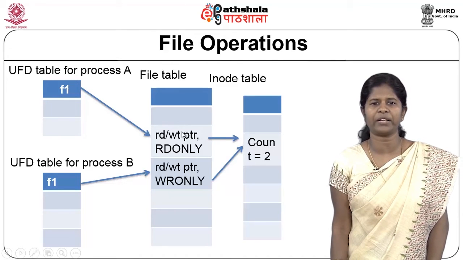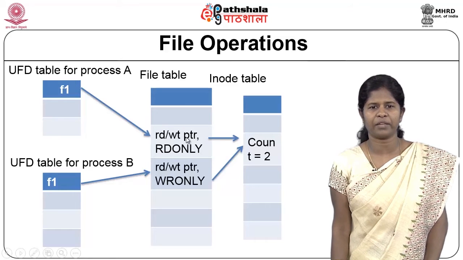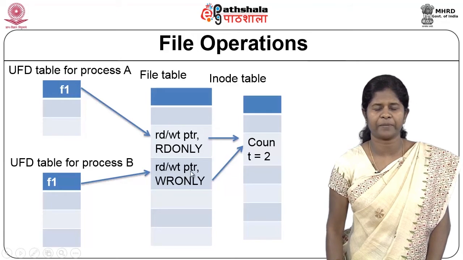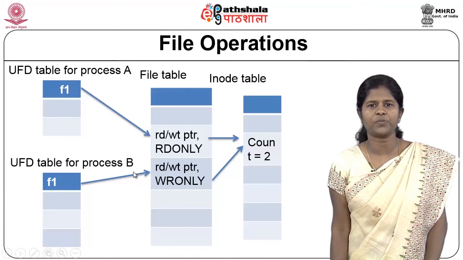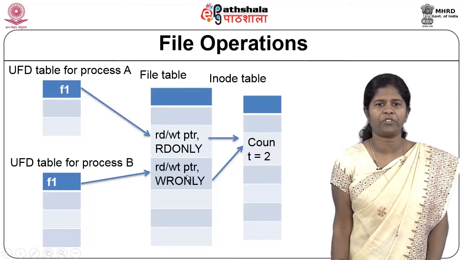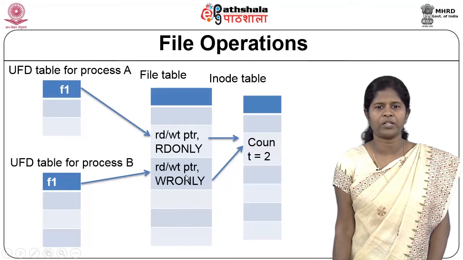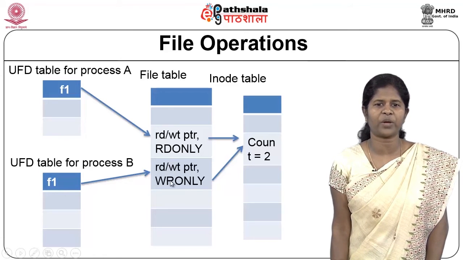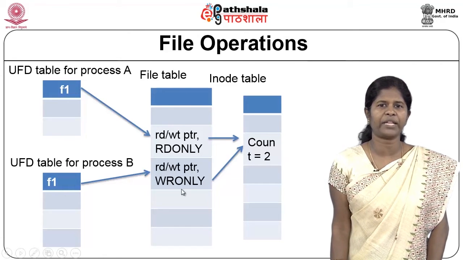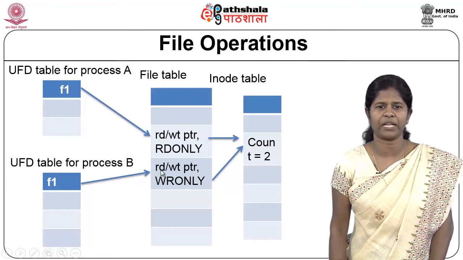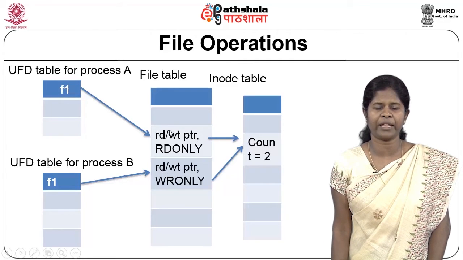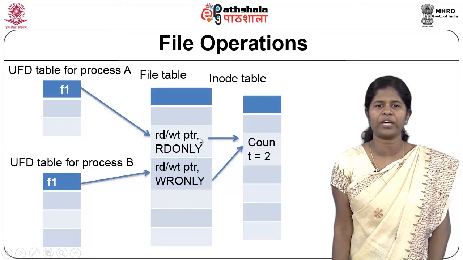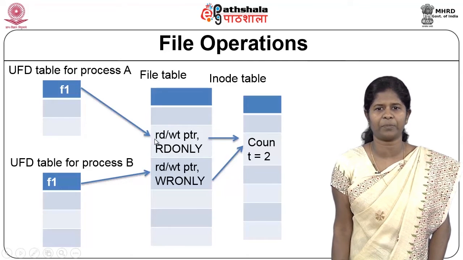This is the file pointer that is being maintained for process A, and you also have the file pointer that is maintained for process B, and based on this pointer only the next read or write can happen for a particular file. So, for process B, the next time it writes, it depends on the file pointer value that you have here; only at that position the writing will happen the next time. And A has opened for reading, so the next time A wants to read, it will happen only at the pointer position that is maintained by this read write pointer.